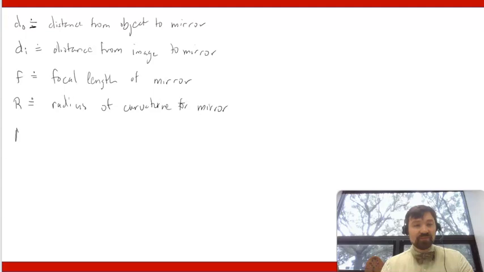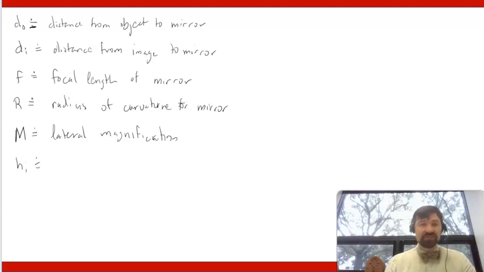And as before, there's also the lateral magnification, and the heights of the image and the object. So we can specify all of those.